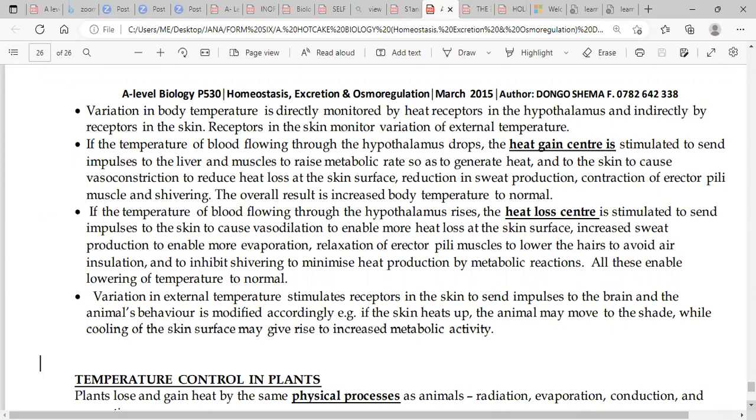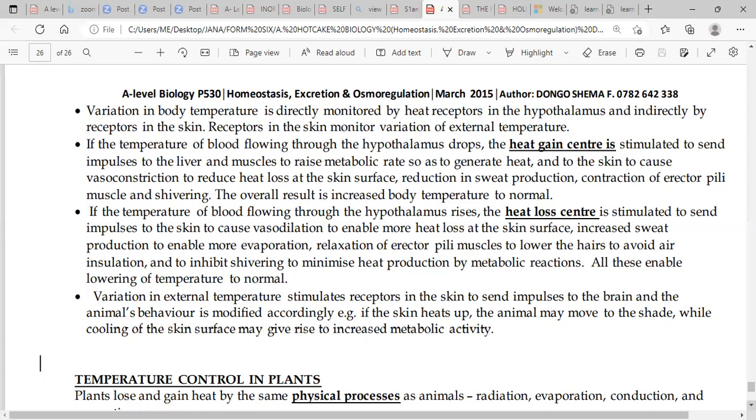We shall have relaxation of the erector pili muscles, lowering the hairs to avoid air insulation, and also inhibition of shivering to minimize heat production by metabolic reactions. And once all this takes place, you enable lowering the temperature to normal.